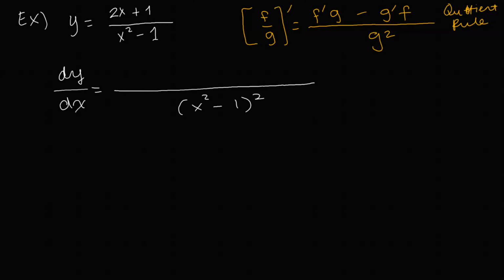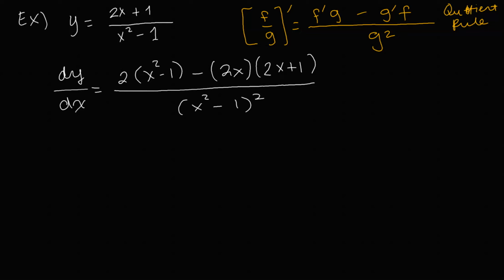The numerator will be the derivative of the first, which would be 2, multiplied by the second, which would be x squared minus 2, minus the derivative of the second, which is 2x, multiplied by the first, which is 2x plus 1. And that is how you apply the quotient rule.